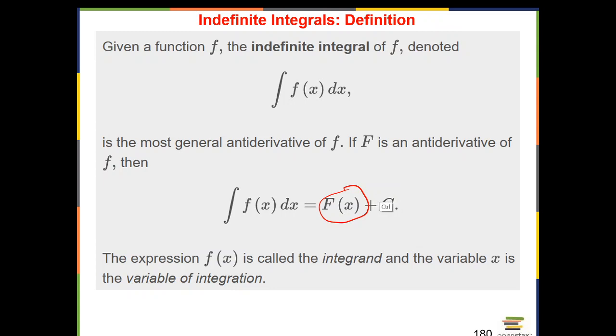So no matter what you put here, you get the same derivative. So we always have to put this c. The expression f of x here is called the integrand, right? And the symbol is the indefinite integral. And the variable x is the variable of integration.